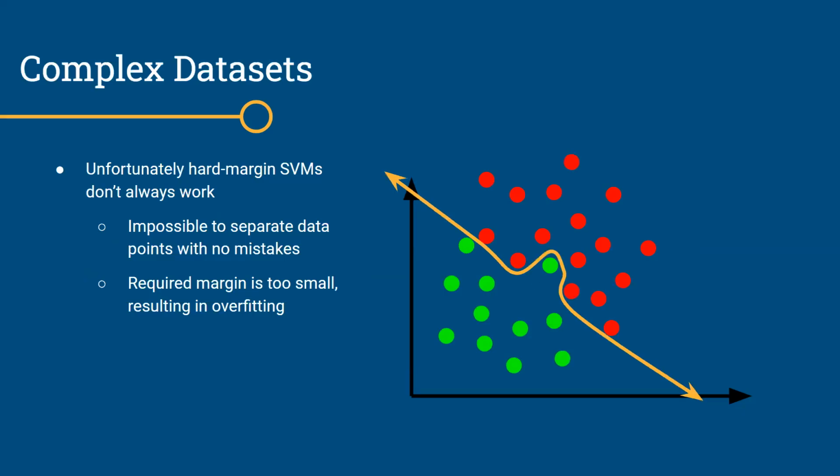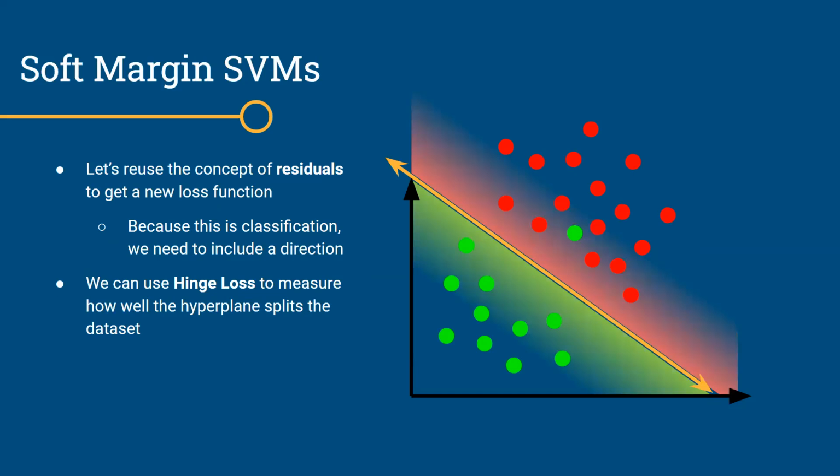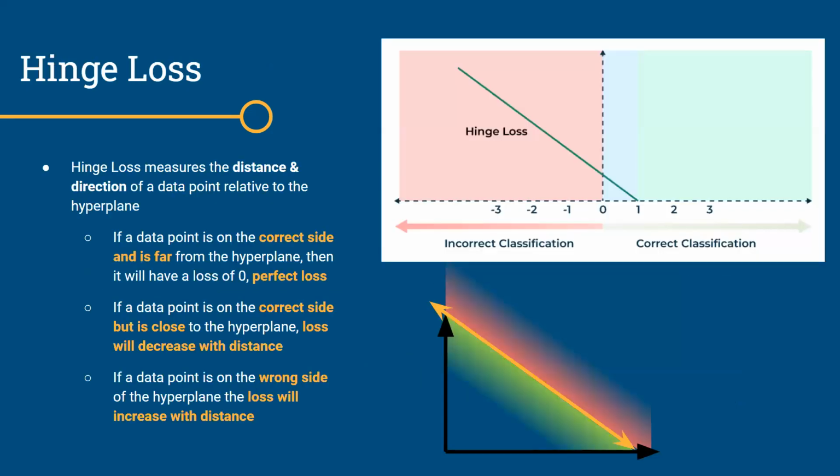In which case, or almost always, we'd want to use a soft margin SVM, which uses the concept of residuals, or the distance between the hyperplane and each of the data points, along with the direction, so whether or not it's on the correct side of the hyperplane, along with hinge loss, which is the concept where once it gets to a certain distance away in the positive direction, we just say it has a perfect loss. From there, it just linearly increases as it gets further and further in the negative direction.